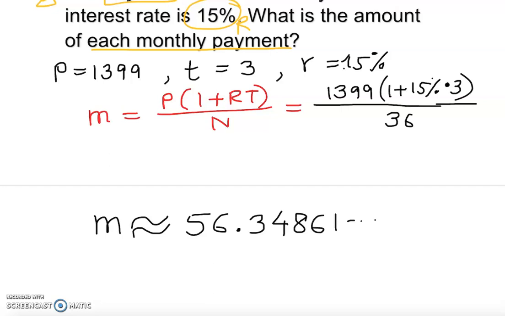But again, what do we have to do? We round to the hundredths. So we cross this out and put 1 here. So M is approximately $56.35 as the monthly payment.